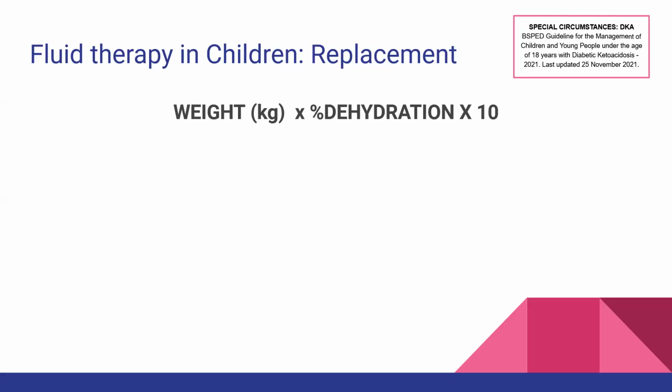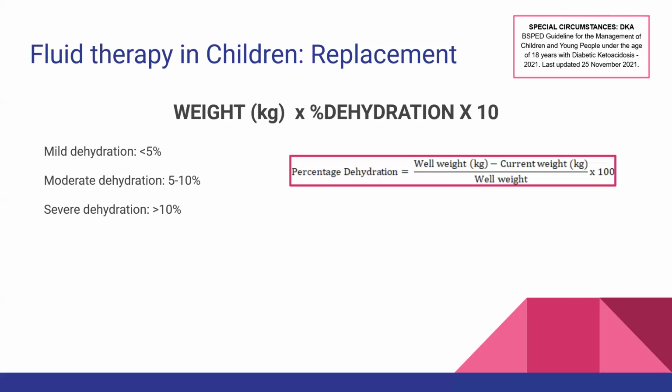And now percentage dehydration, what can that be? You start seeing signs of dehydration, like physical signs, at around 5%. And then it progresses to where they're severely dehydrated, potentially going into shock around 10%. So it's on a scale of well to shocked.